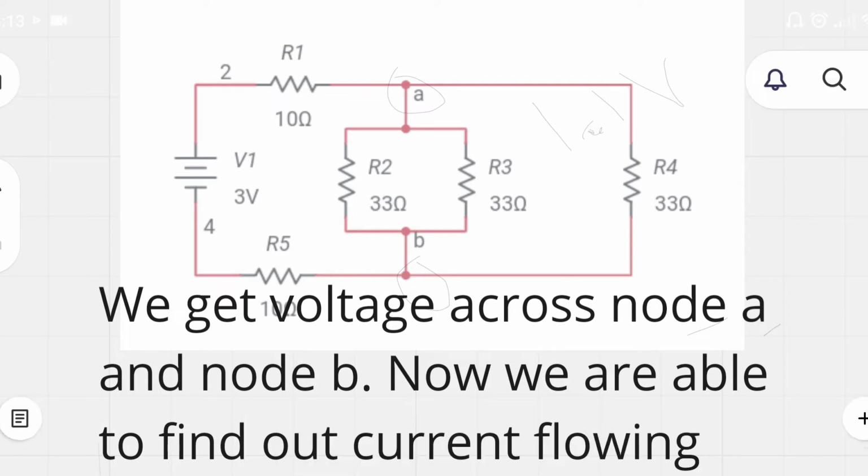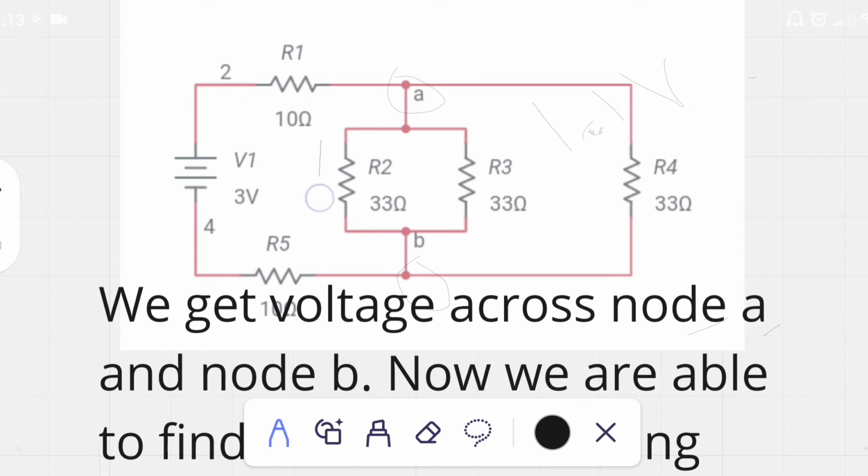The next step is to evaluate the value of current flowing through R2, that is IR2, then R3 and current flowing through R4. The current flowing from the voltage source is IT, that is the total current, and the total current is divided into this path and this path.